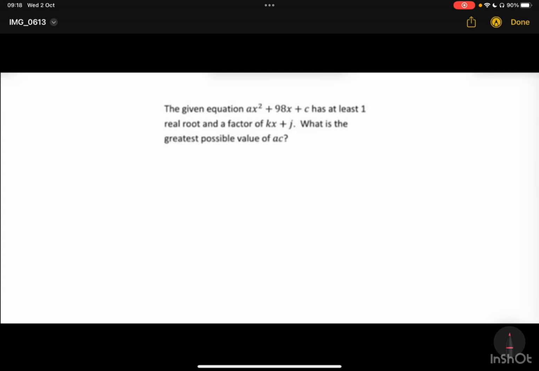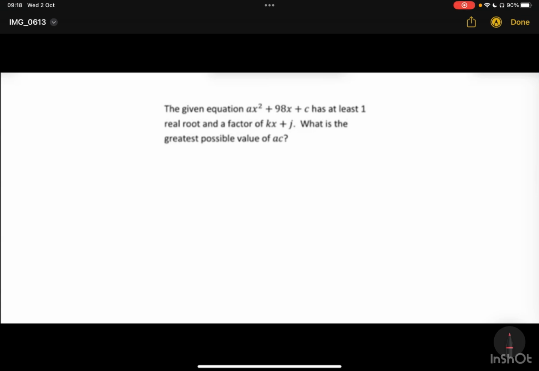Moving on with another math question. The given equation ax squared plus 98x plus c has at least one real root. Factor of kx plus j. What's the greatest possible value of ac?